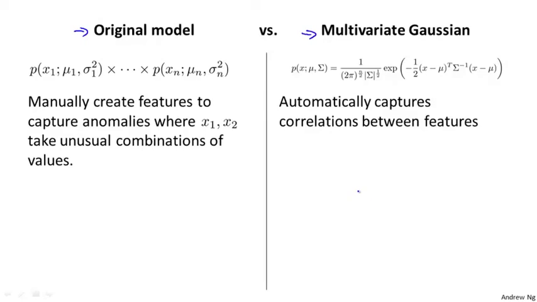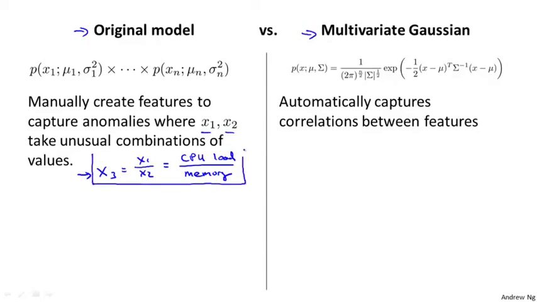If you want to use the original model to capture that, then what you need to do is create an extra feature, such as x3 equals x1 over x2, equals maybe the CPU load divided by the memory use or something. And you need to create extra features if there's unusual combinations of values, where x1 and x2 take on an unusual combination of values, even though x1 by itself and x2 by itself looks like it's taking a perfectly normal value.